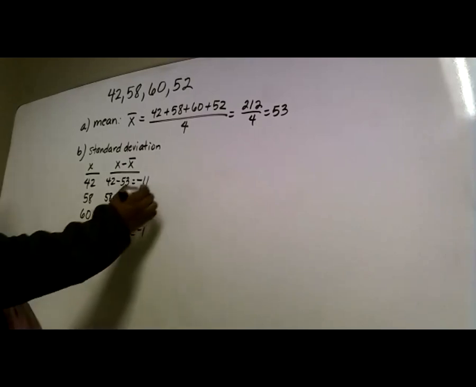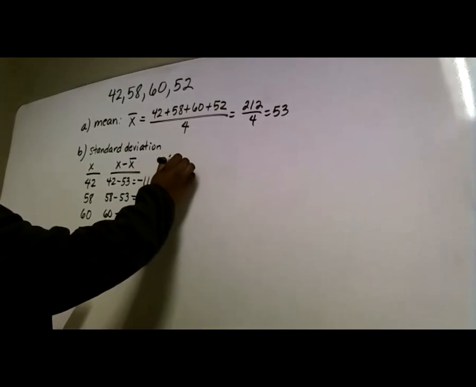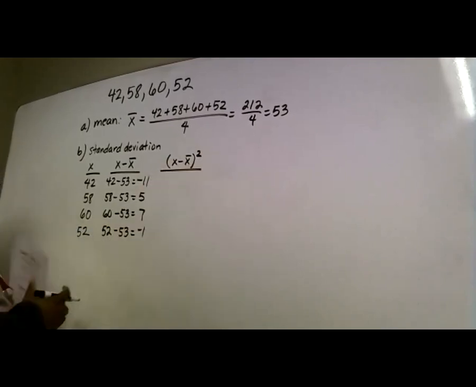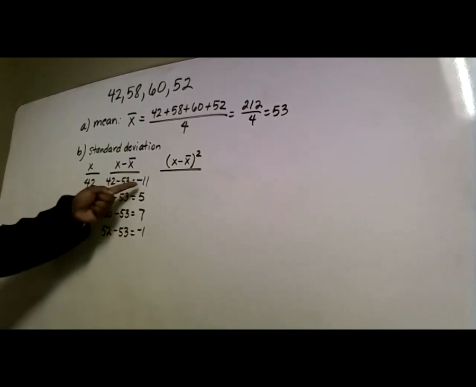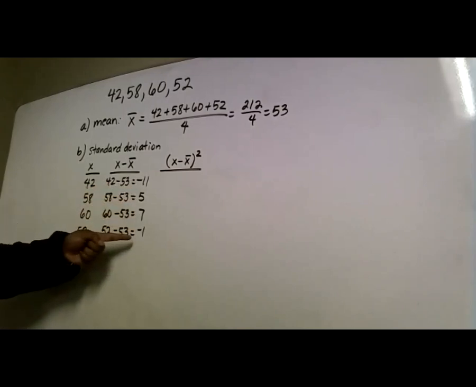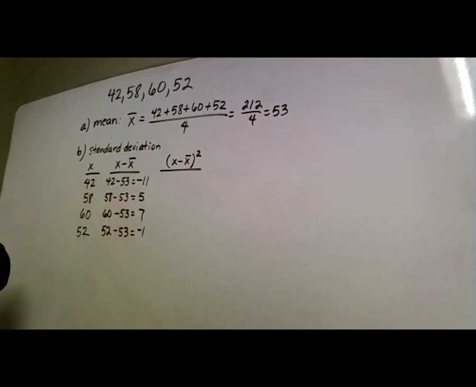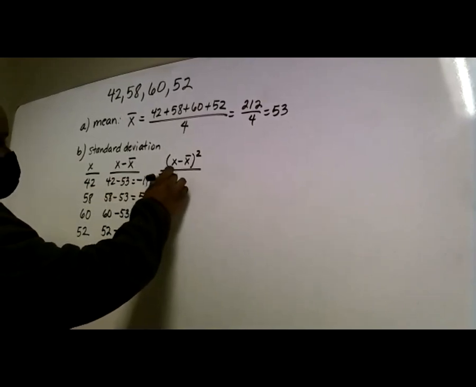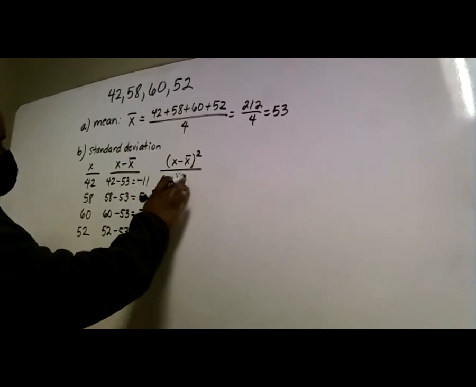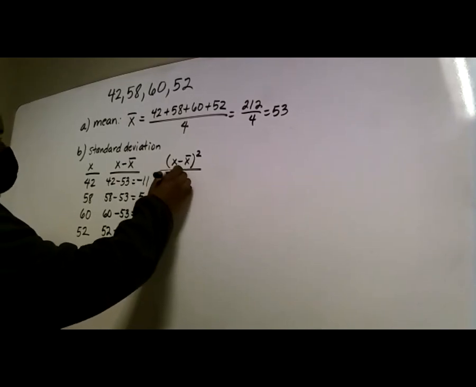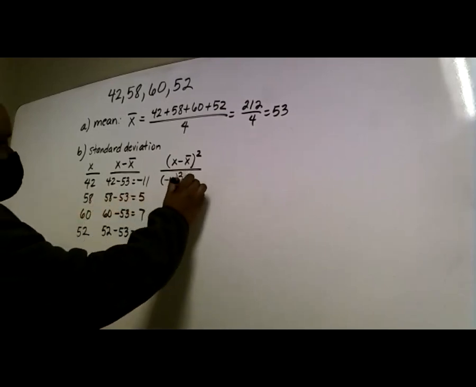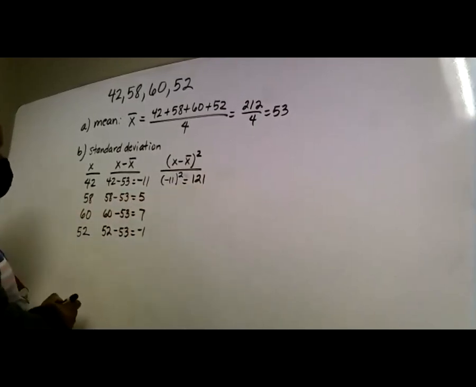And then the next step, this is my next column, X minus X bar quantity squared. That means I take each deviation that I came up with and square it. So I take negative 11 and square that, negative 11 times negative 11, which is 121.